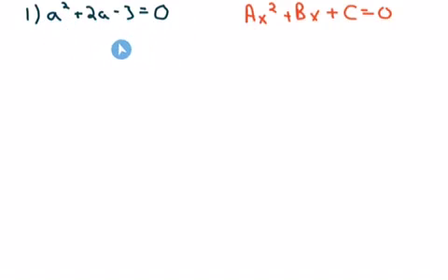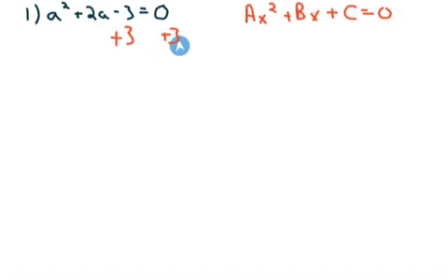So I want you to take a minute and rewrite this equation with the variable terms on the left-hand side and the constant terms on the right-hand side. Hopefully what you got after you tried that looks like this. You add 3 to both sides, since this is a negative 3.